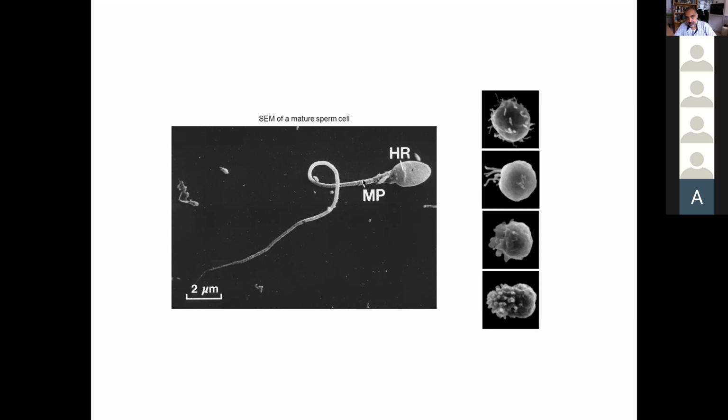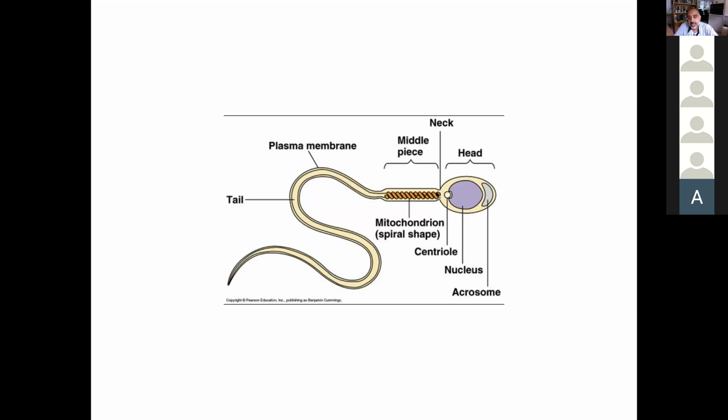The mitochondria here are wrapped around this tail, this microtubule axoneme structure. And around here are motors called dynein motors, which are powering the movement of the tail.